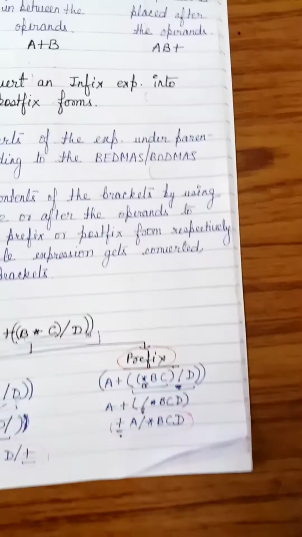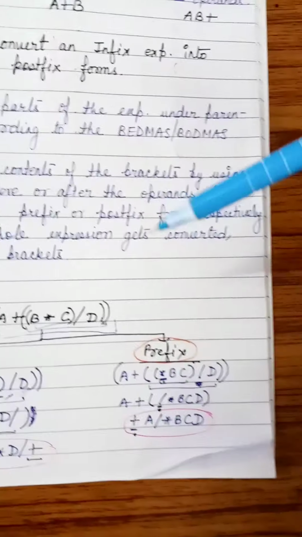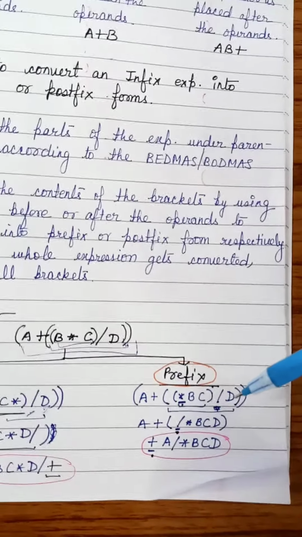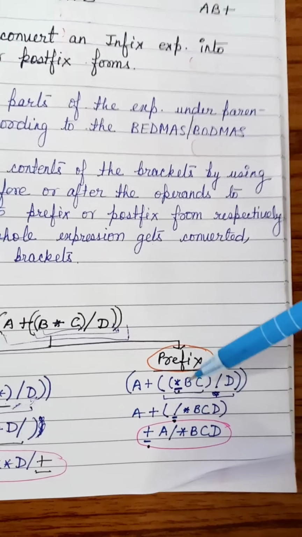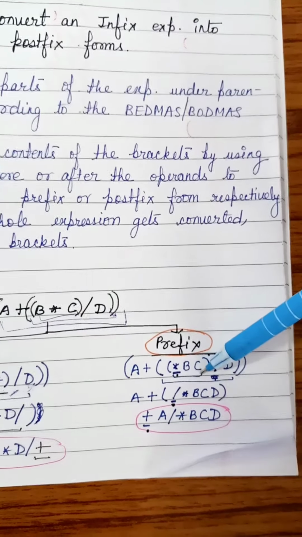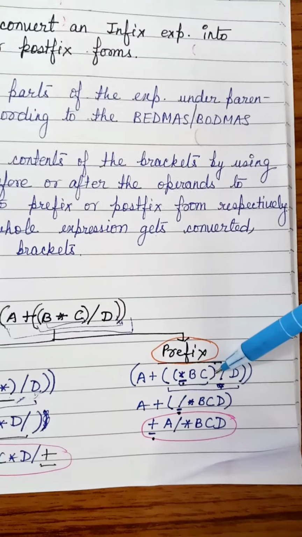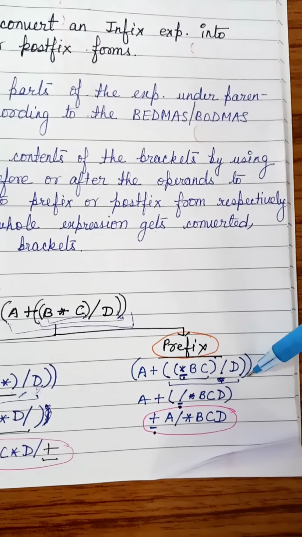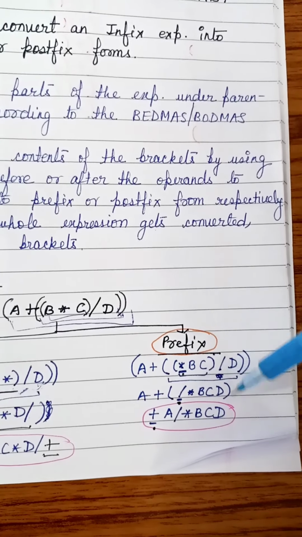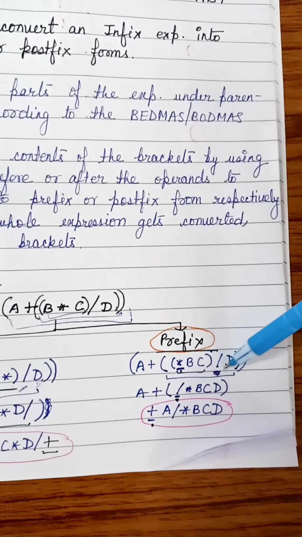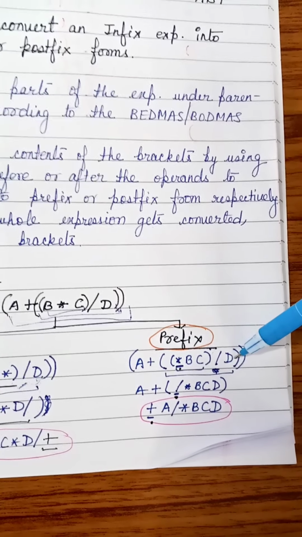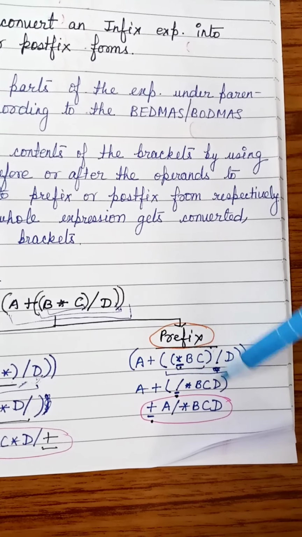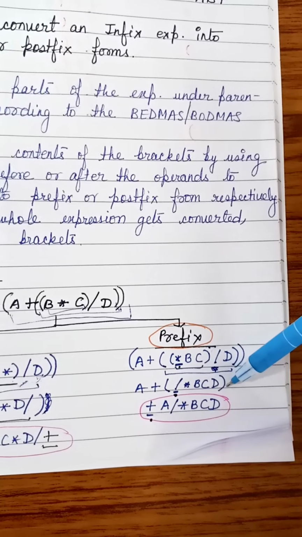Now suppose you have to write the prefix form. You will be putting the operator before the operands in this case. A plus, b into c upon d. The next step, you will be writing this operator before these two operands: into bc, upon into bc d.